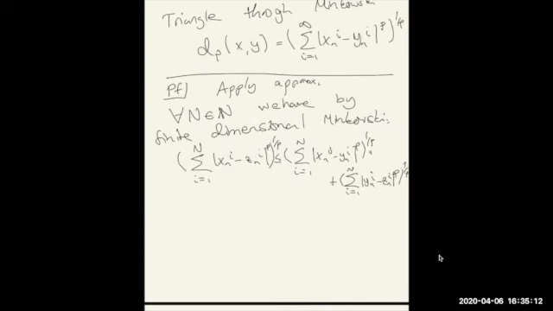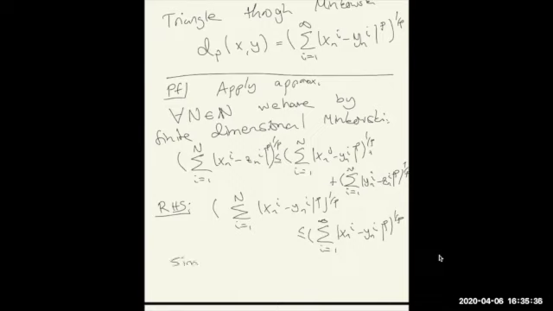So on the right-hand side, the sum from i equals 1 to n of |x_i - y_i| to the p, to the 1 over p, is always less than or equal to the sum up to infinity. And similarly for the other term.